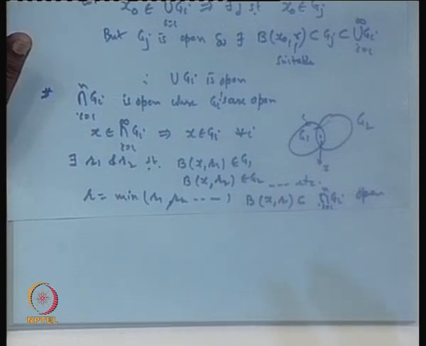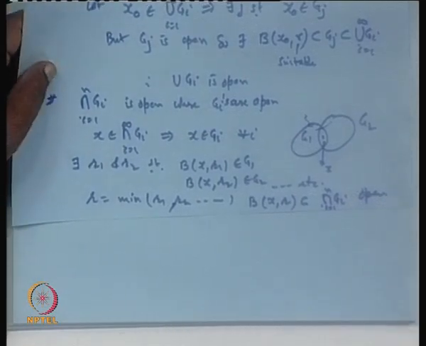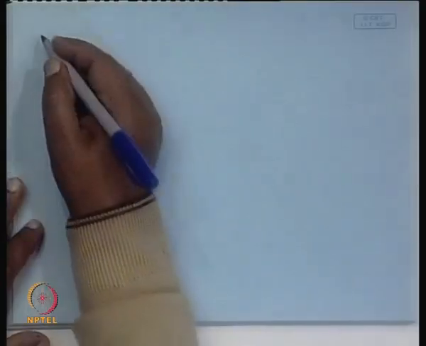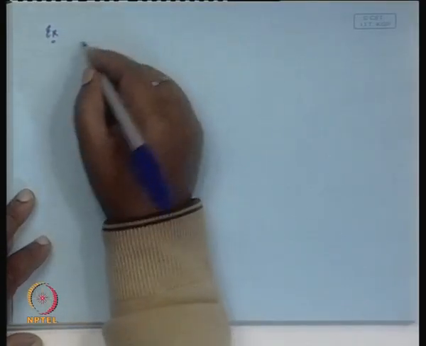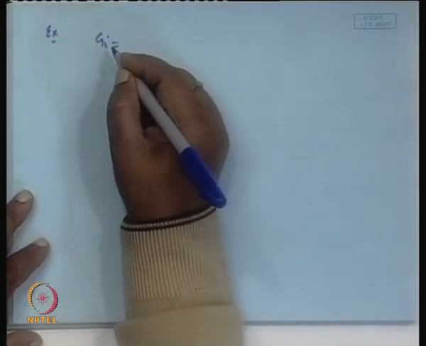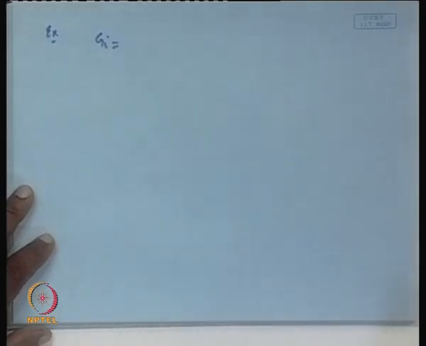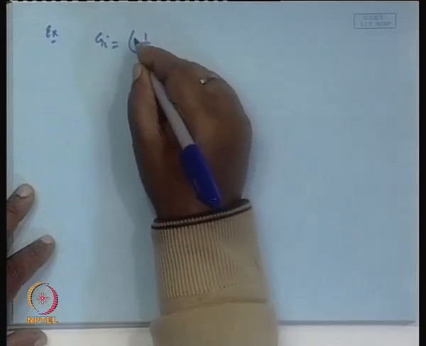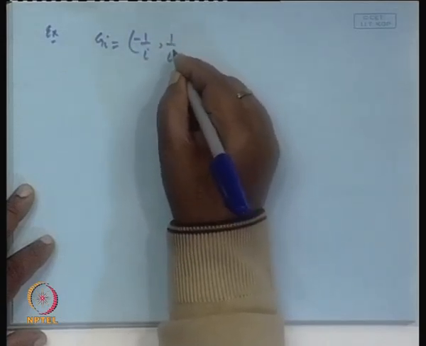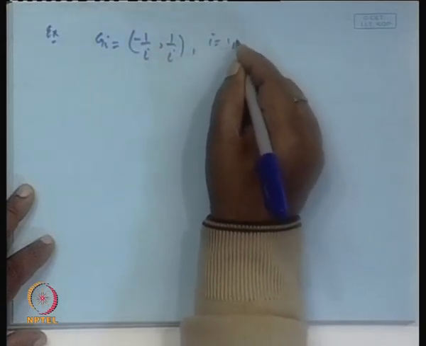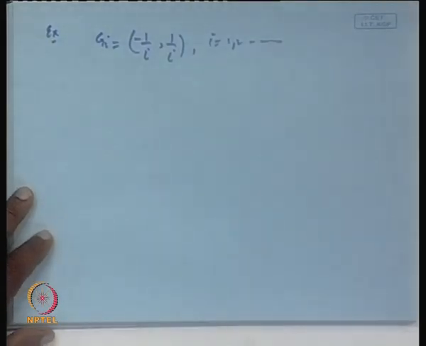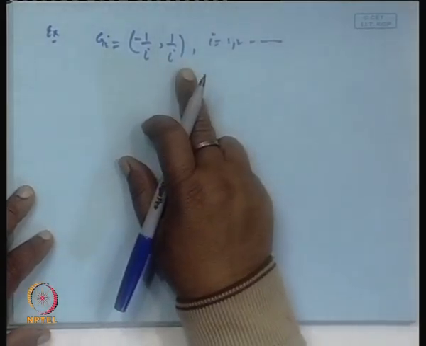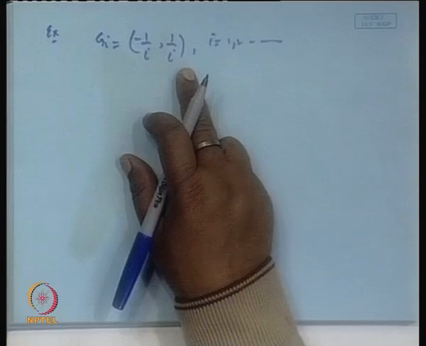Here we have seen only that the finite intersection of open sets is open. I am not taking the countable or any arbitrary intersection, because the countable intersection of open sets need not always be open. An example is, if we take G i equal to the interval minus 1 by i comma 1 by i, where i is 1, 2, 3 and so on. So, this is an open interval, so it is an open set, an open ball.